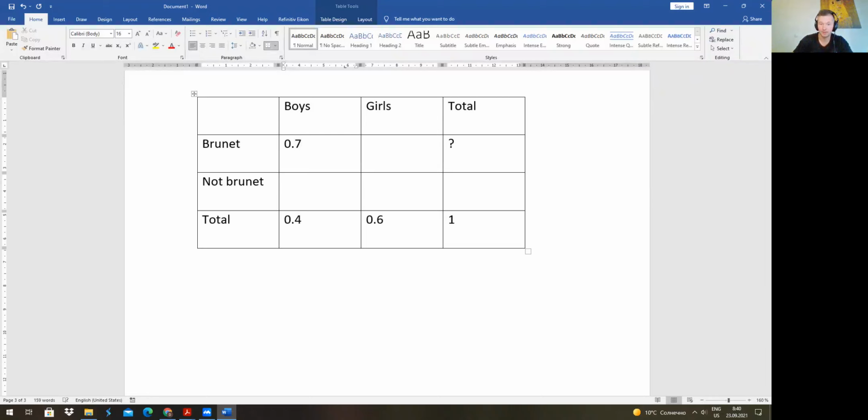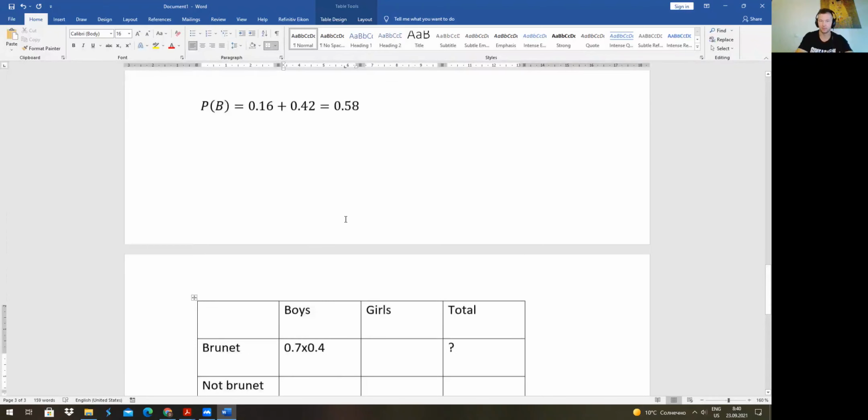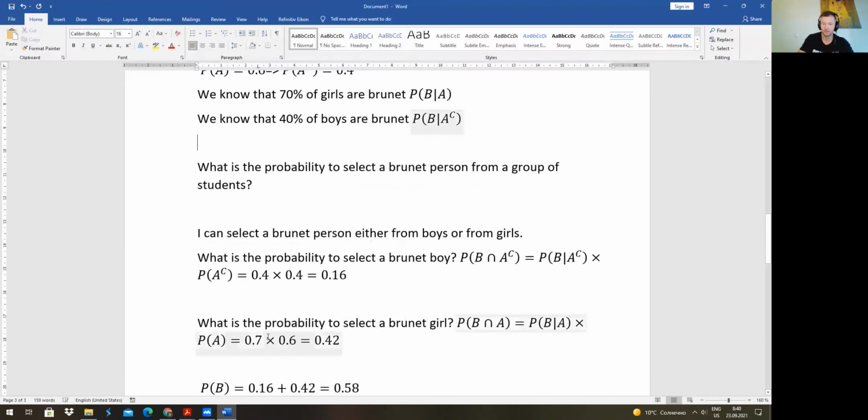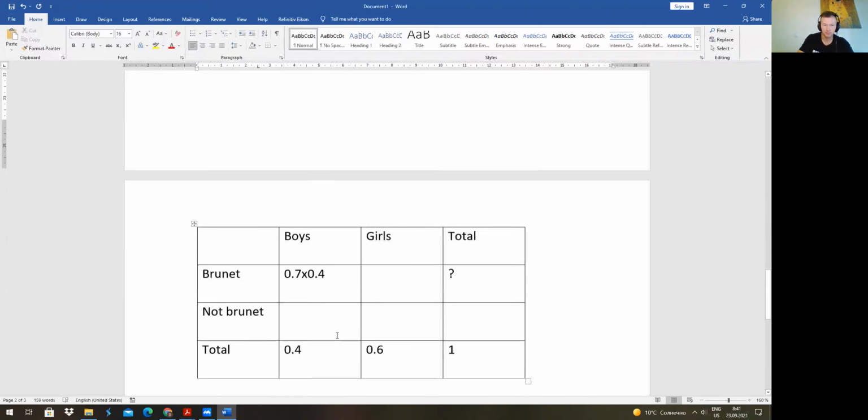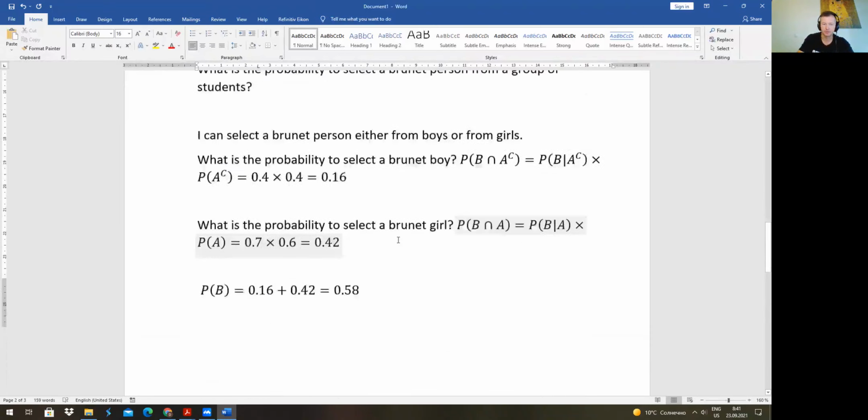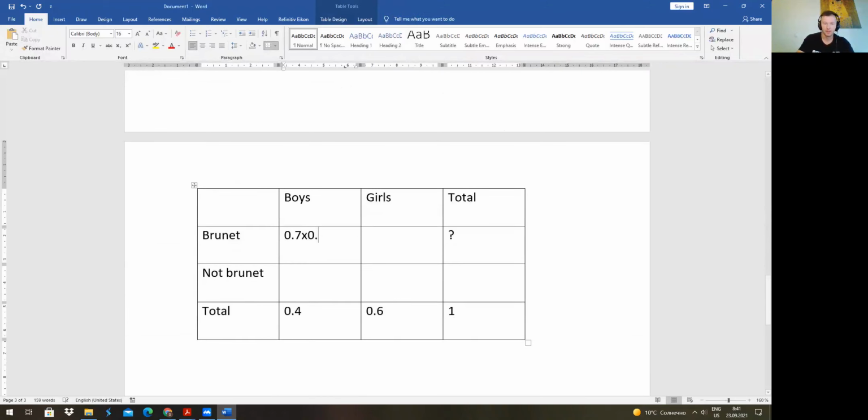It's 0.7 multiplied by 0.4. Wait, no, I'm wrong. 70% of girls, sorry. 70% of girls, it's here. 0.7 out of 0.6. I'm calculating this intersection of brunette and girls. And that's what we have, 0.42.